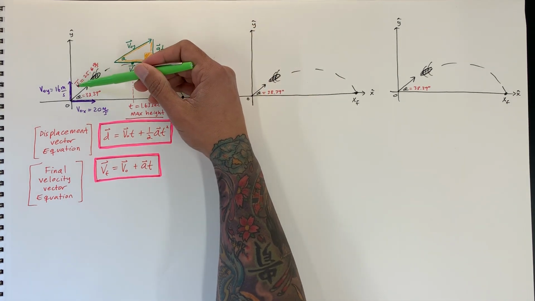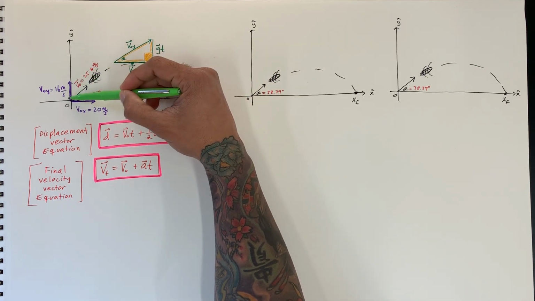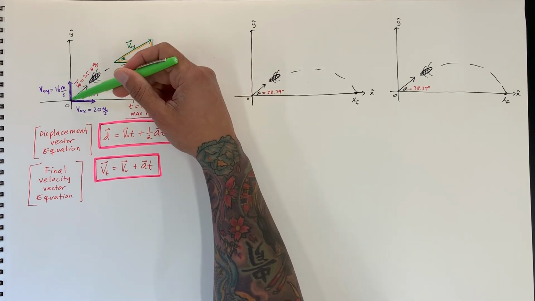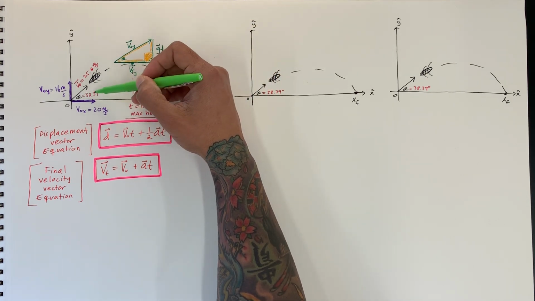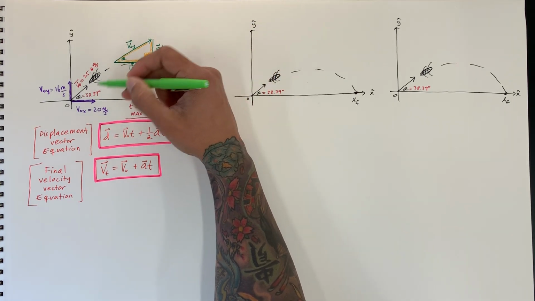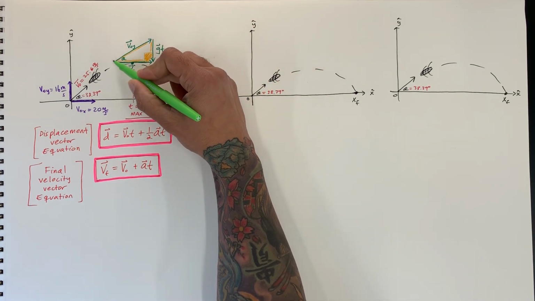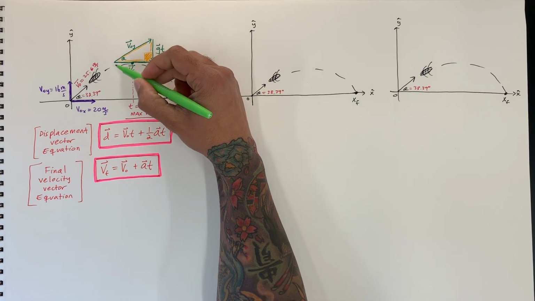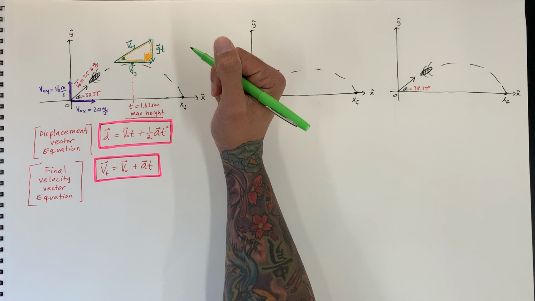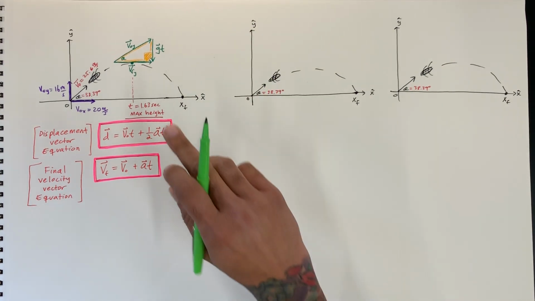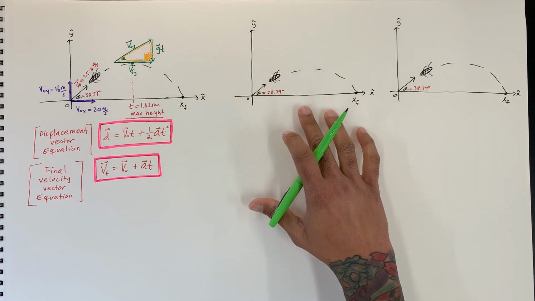We also found the initial velocity, given that we had the initial velocity in the y direction and the initial velocity in the x, and we also found theta equals 38.39 degrees. Okay, so we used this velocity vector triangle and we found those things. Now we're going to use the displacement vector to find a couple more things.